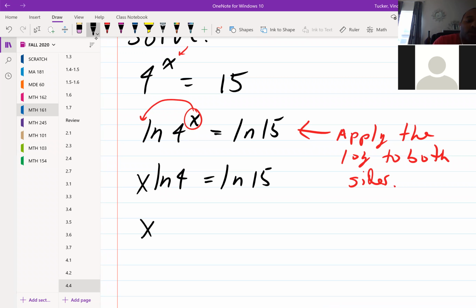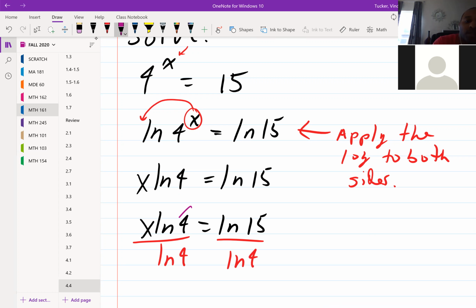Now to solve, I can divide both sides by the natural log of 4. Remember, your goal is still to get x by itself. X is going to be equal to natural log of 15 over natural log of 4.